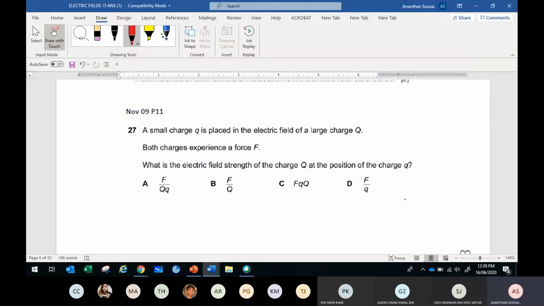Those who really understand the definition, I think you can get the answer for this. Text me your answer. Recall the definition of electric field strength, then you can find the answer.